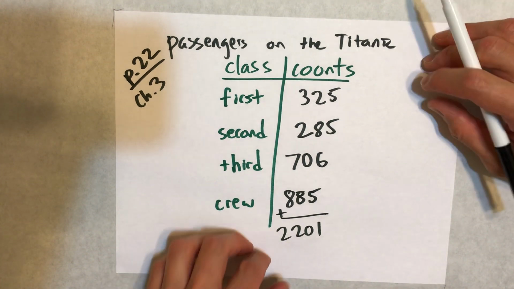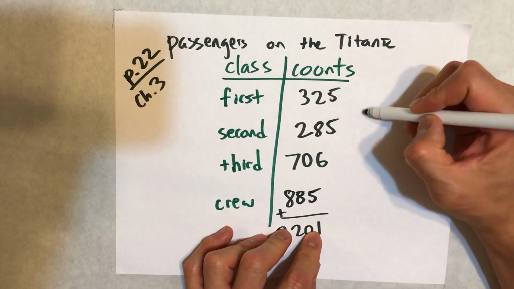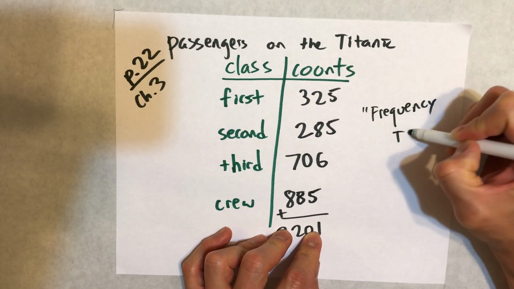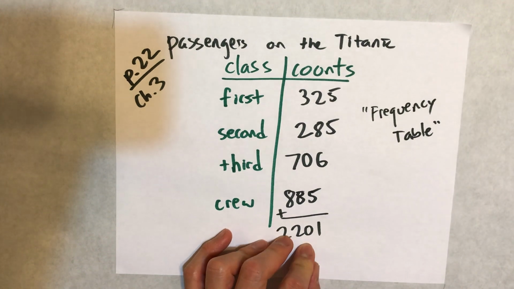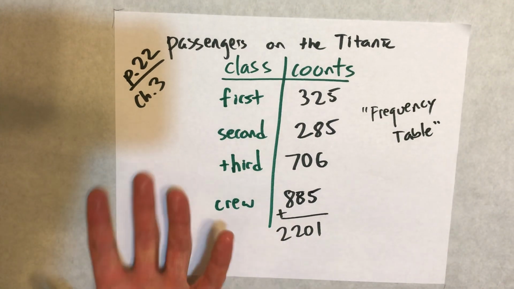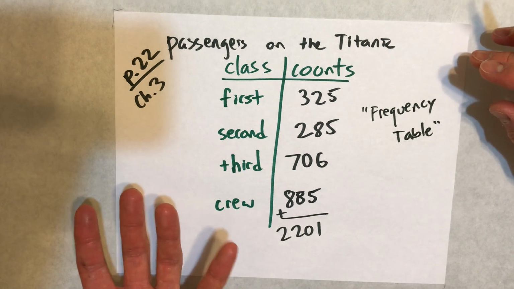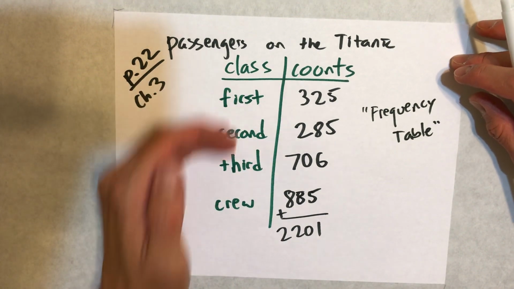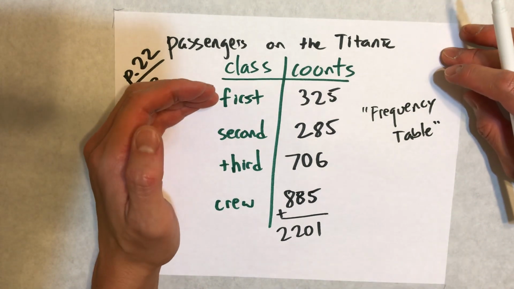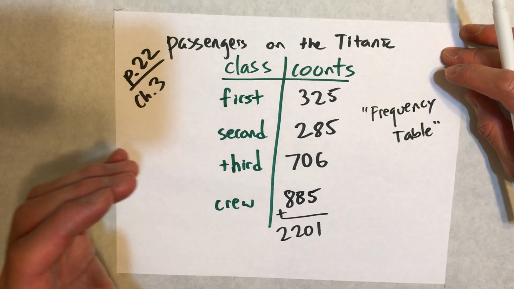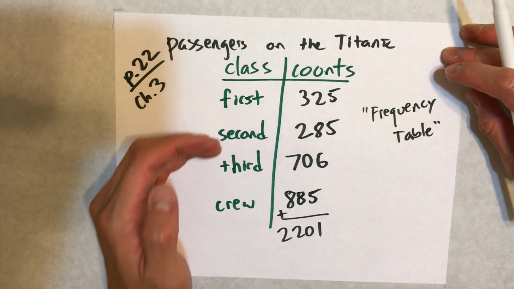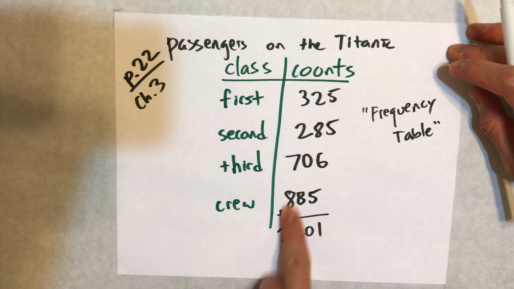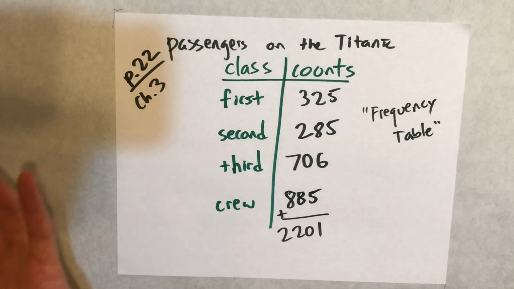Okay, so what we just created here was a table, but this is actually called a frequency table. We're going to be dealing with this a lot in statistics. All it does is tell us how frequent a variable appears. Now, bonus question right here, is this a categorical variable or is this a quantitative variable? You see the number and you think, oh my gosh, this is quantitative.